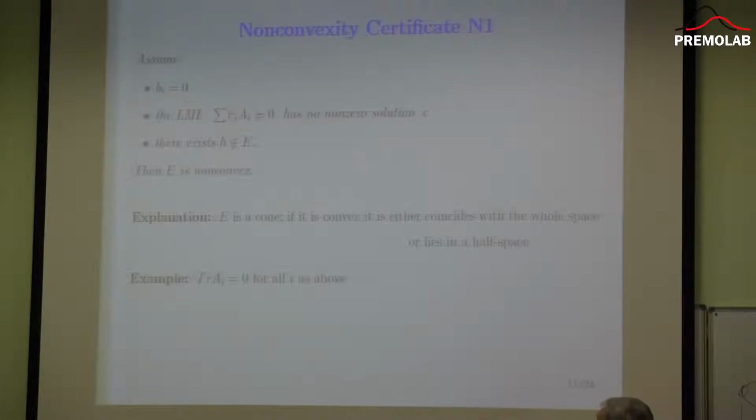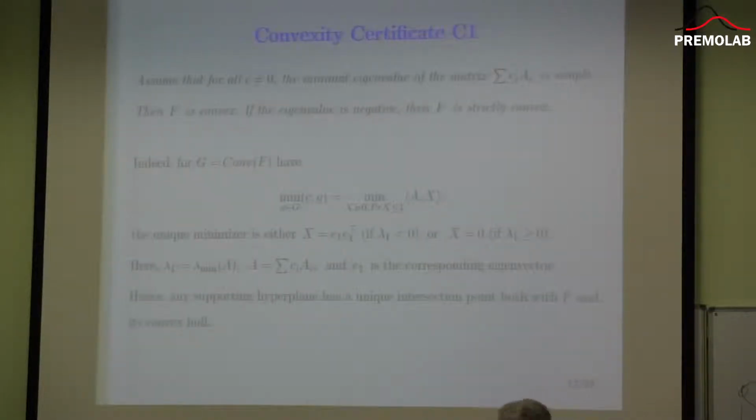And also it doesn't coincide with the entire space because there is some vector which doesn't belong. So it's very simple. Actually, sometimes it works because, for instance, assume that all matrices have trace 0. Then a linear combination of matrices also has trace 0. So it has positive and negative eigenvalues, and it can't be semi-definite.